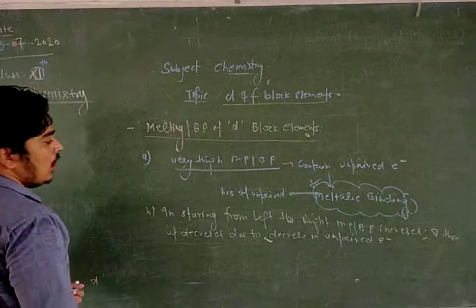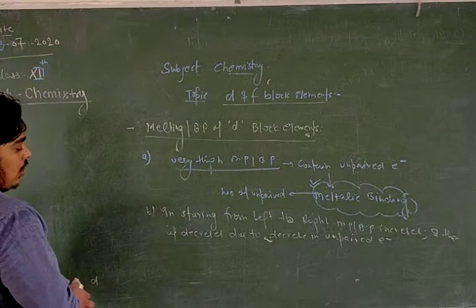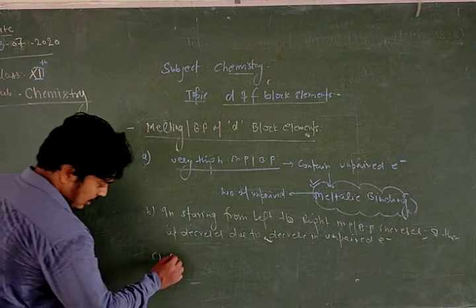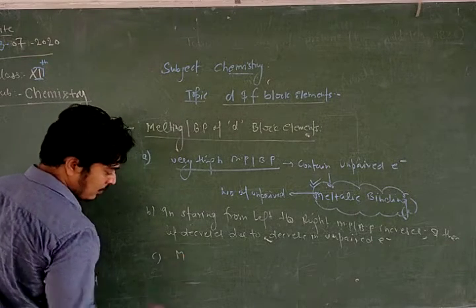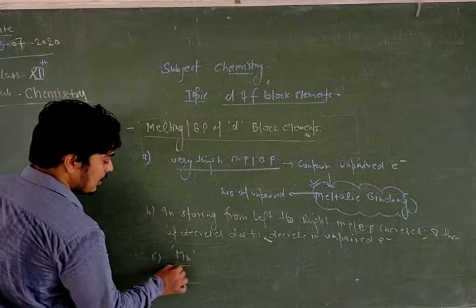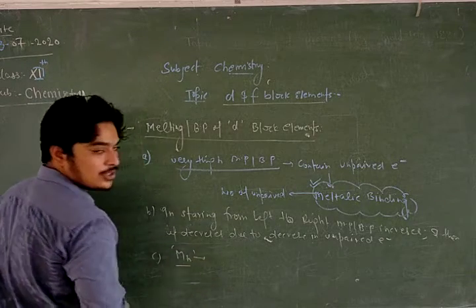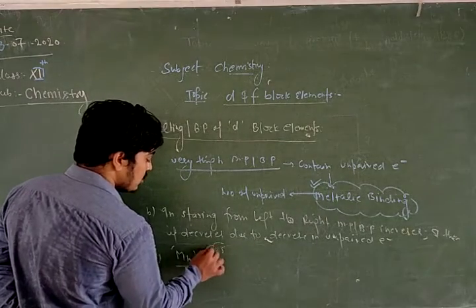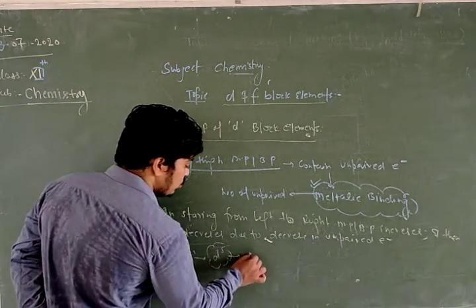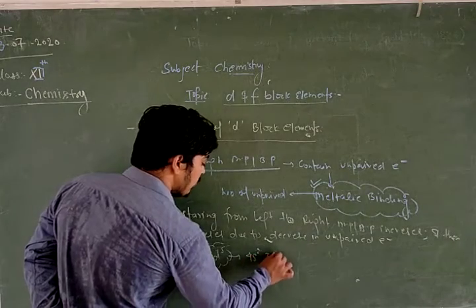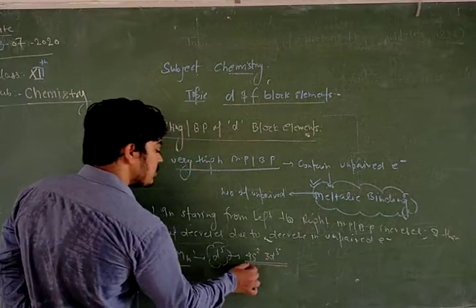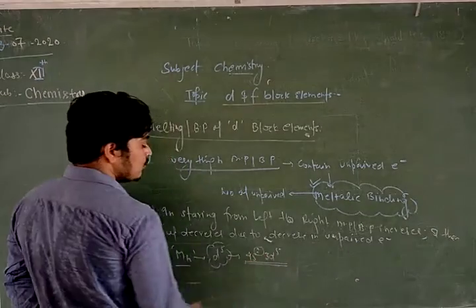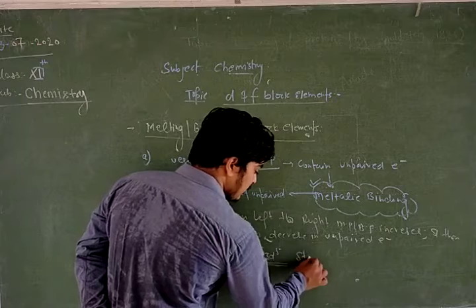So moving further, I am making another point. Since manganese has a D5 configuration, manganese's outer electronic configuration is 4s2 3d5. This is a stable configuration.